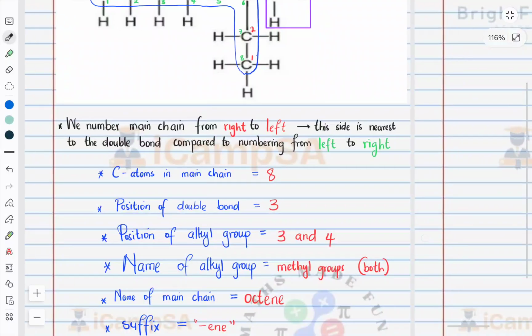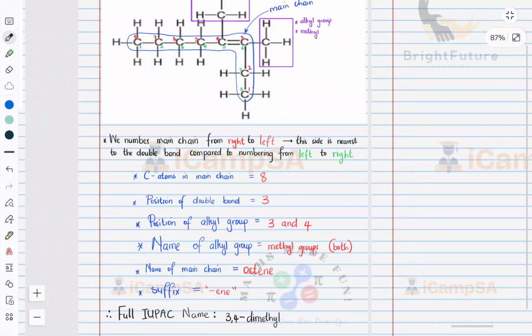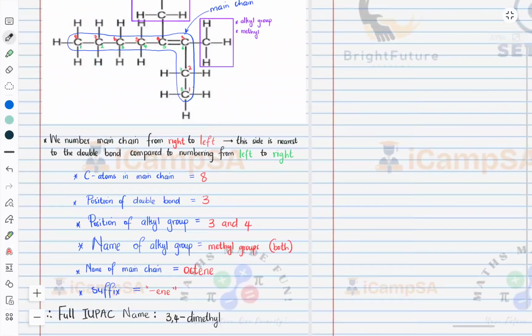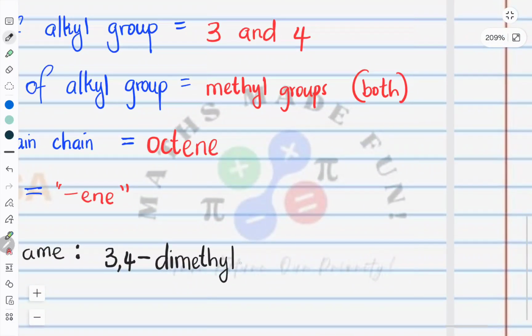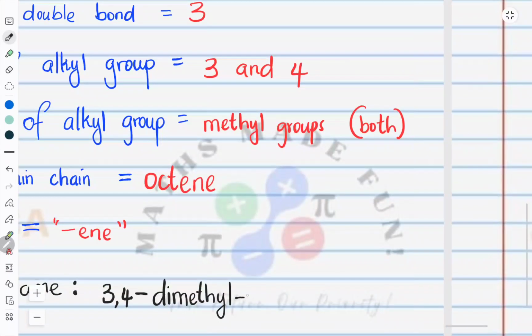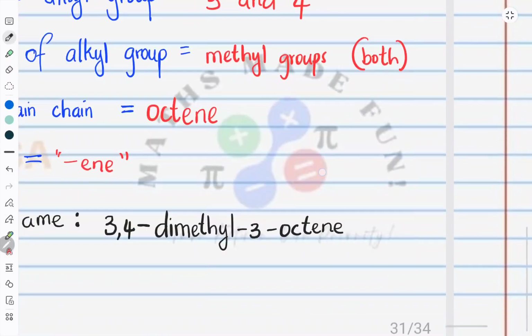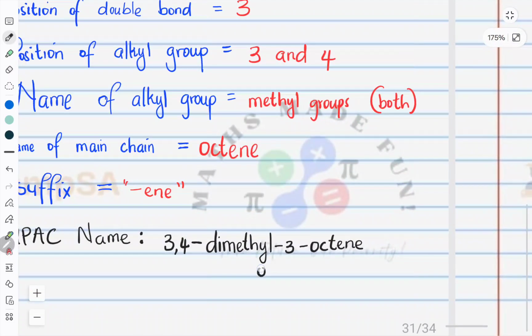So now that we are done with the alkyl groups, we can then mention the position of the double bond and then finish off the name. Position of the double bond is number 3 and then octene, the parent chain name. Or remember, I will do it in two ways.